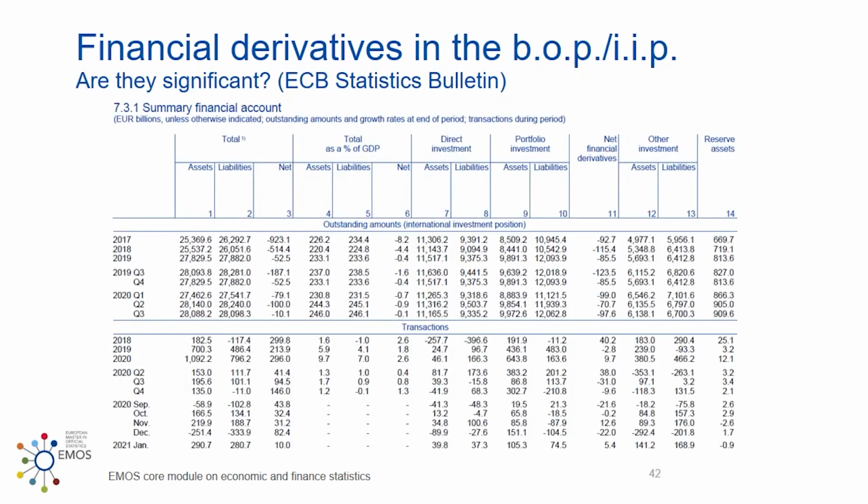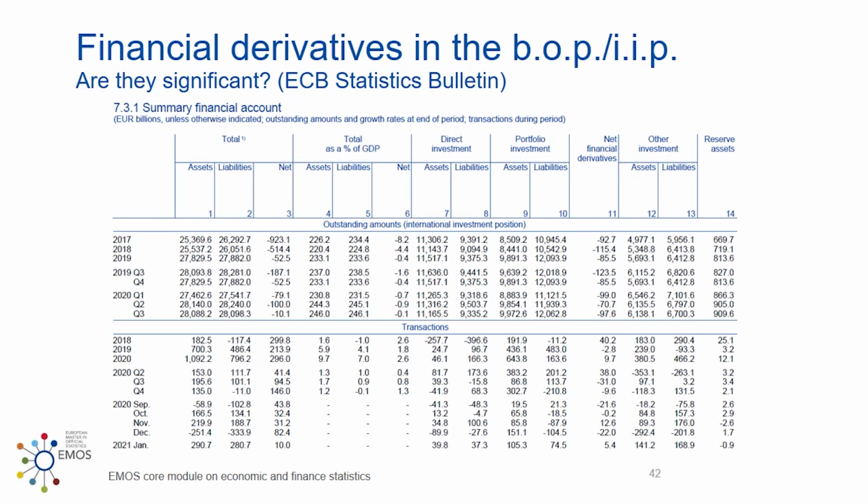What we see here is again the presentation for the Eurozone from the ECB Statistics Bulletin. And the point of view is, at first glance, obviously, if you compare these numbers, which are more in the trillion area, with this, which is a billion area, it seems like, okay, why do we bother with this?